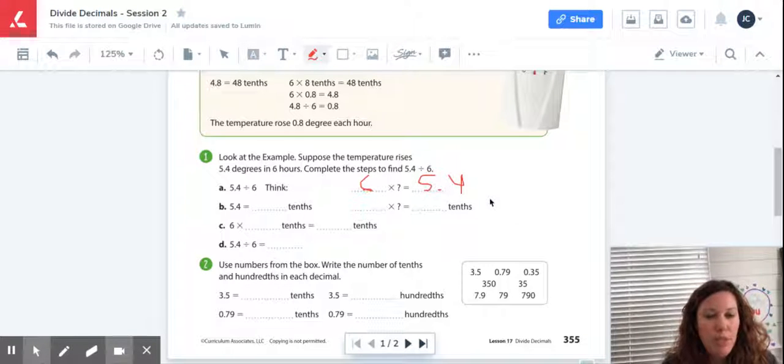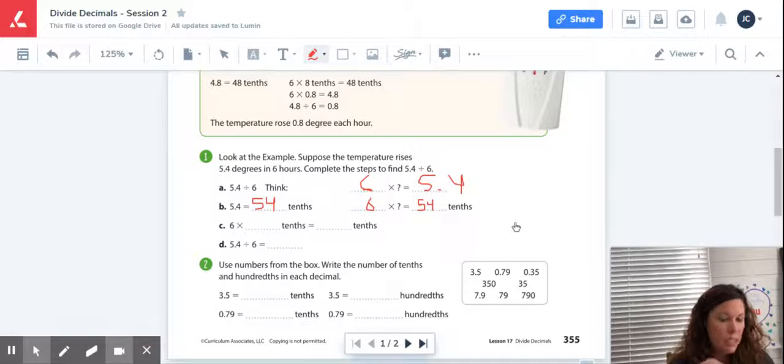Okay, so we just turned our division problem into a multiplication problem. So we turned it into 6 times what number is equal to 5.4. So 5.4 is actually equal to 54 tenths, which means it would be 6 times what number is 54 tenths.